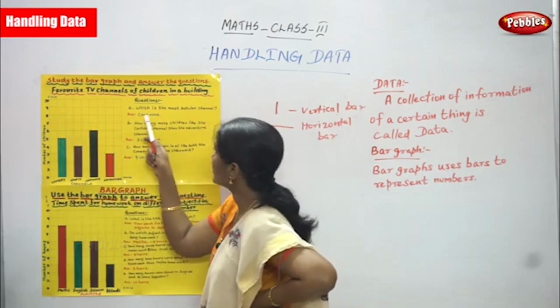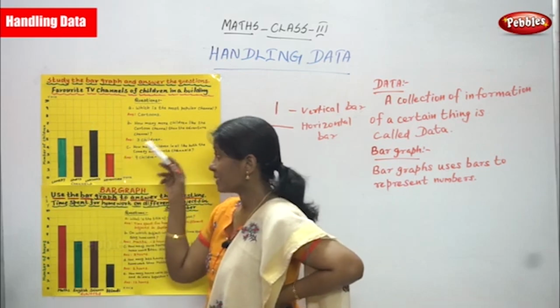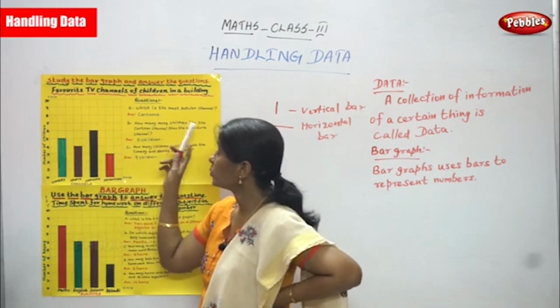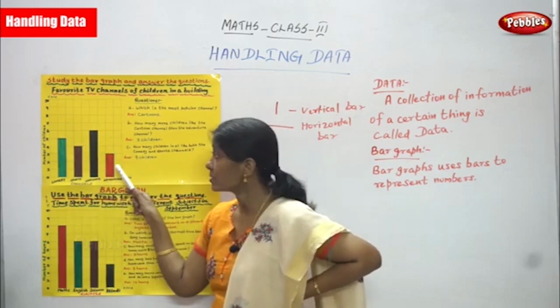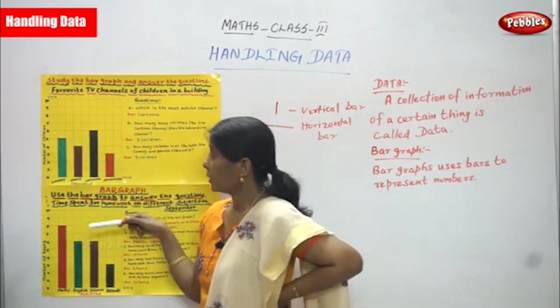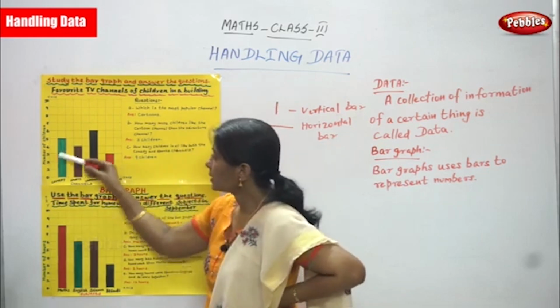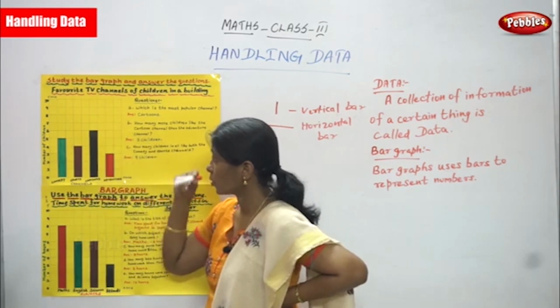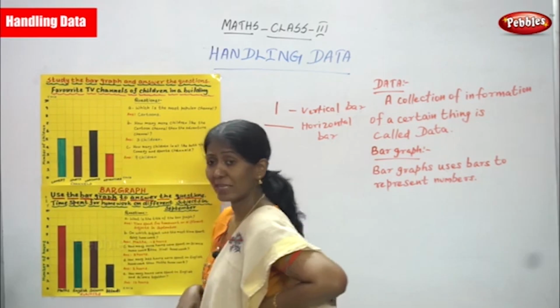First question: which is the most popular channel? You have to consider the bars and write the answer. Look at the bars, which one is the highest bar? Then you have to answer very clearly.